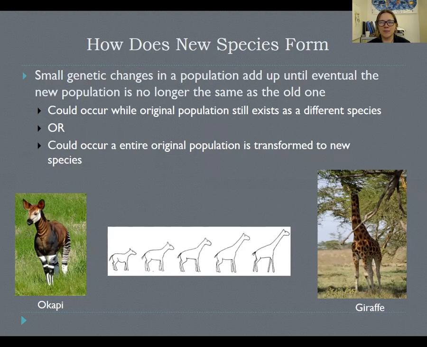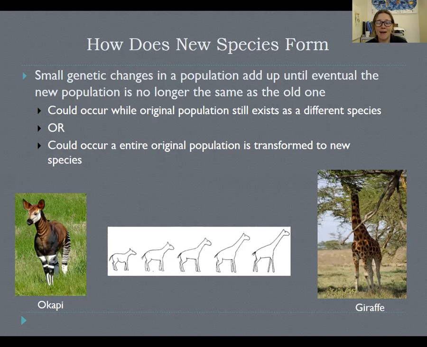And as the small genetic changes pile up over time from generation to generation, because remember, the changes that you have are likely to be passed on to your offspring, then at some point after many, many generations, the group of individuals is no longer going to have the same genetic makeup that the original group had. And so again, that's when you might have a new species.